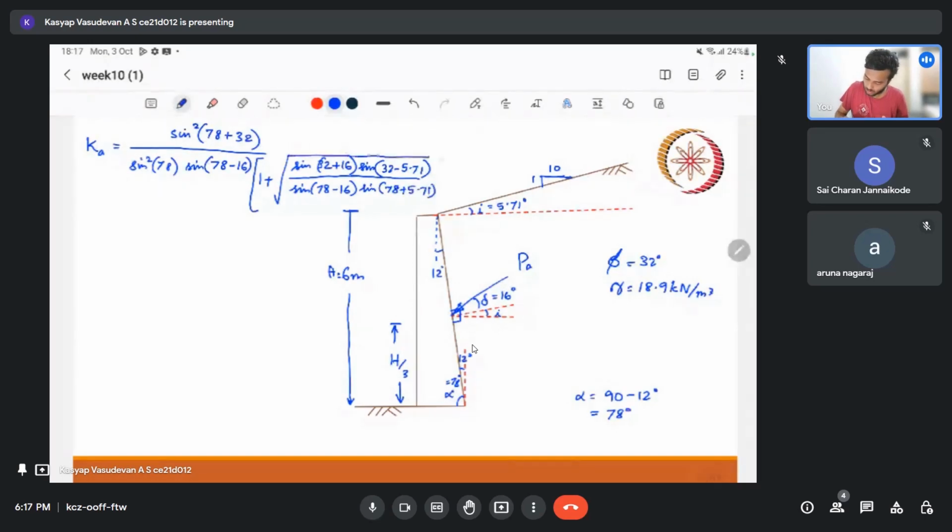This whole bracket has to be squared. So this is our Ka equation. If we solve it, we will get 0.402.